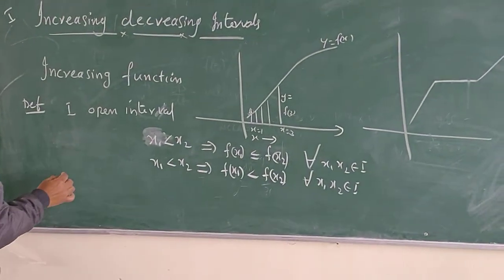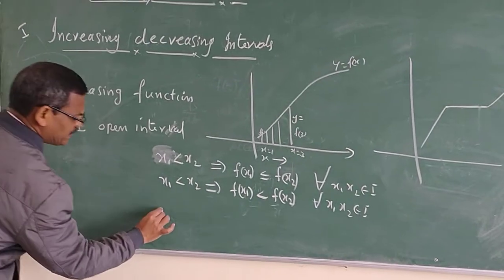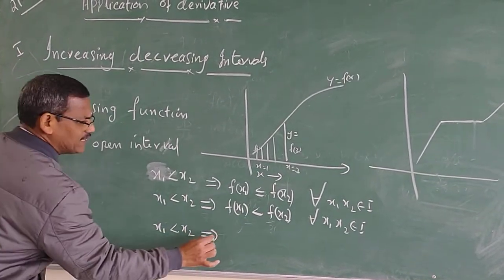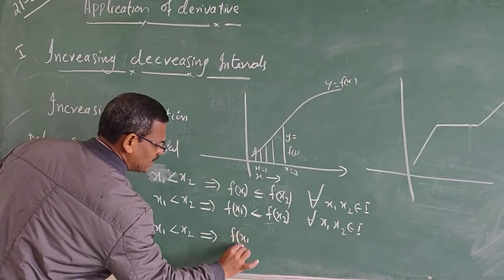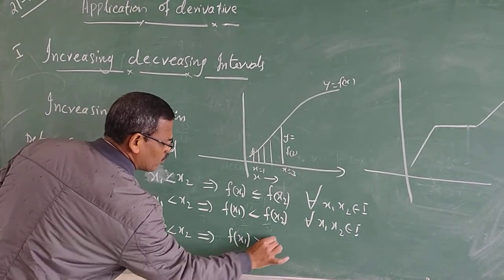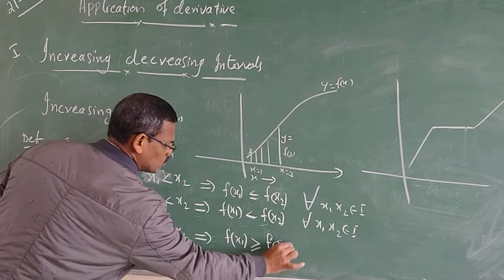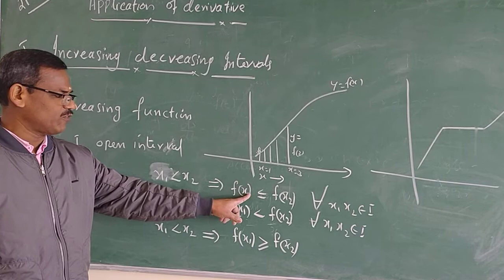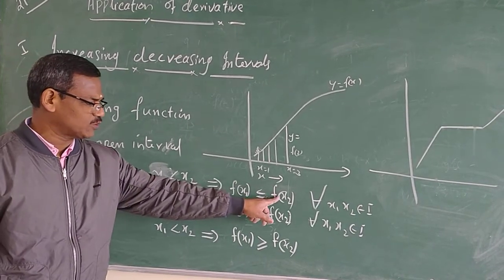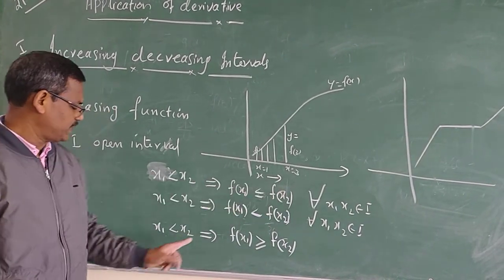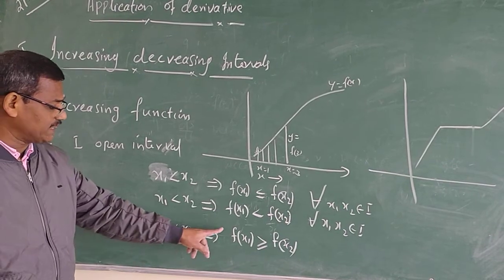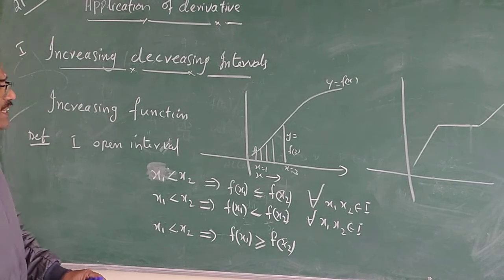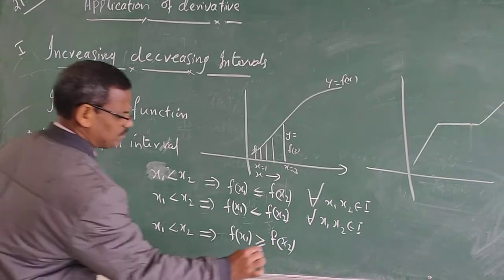Now what about decreasing? Decreasing is when x1 less than x2 implies f of x1 is greater than or equal to f of x2. Remember, x1 less than x2 implies f of x1 is less than or equal to f of x2, it is increasing. x1 less than x2 implies f of x1 is greater than or equal to f of x2, we call it a decreasing function.